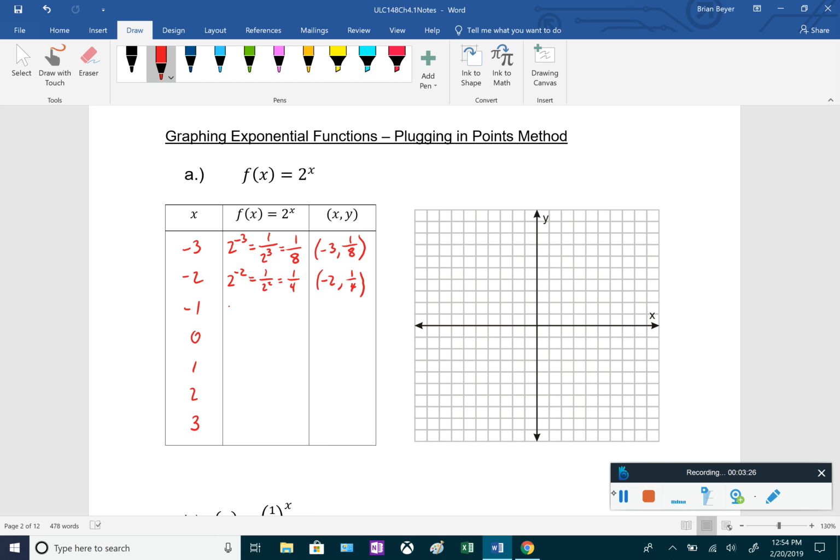If we plug in a negative 1, 2 to the negative 1 gives us 1 over 2 to the positive 1, or just 1 over 2. And if we plug in a 0, 2 to the 0 equals 1. So that's the coordinate 0 comma 1. If we plug in a 1, 2 to the first power equals 2, 2 to the second equals 4, and 2 to the third equals 8.